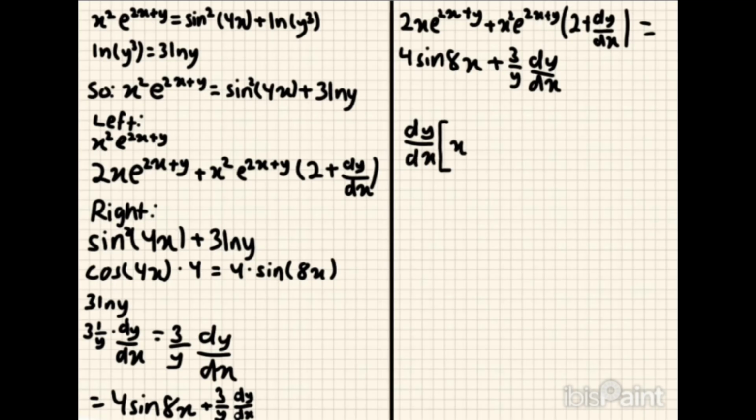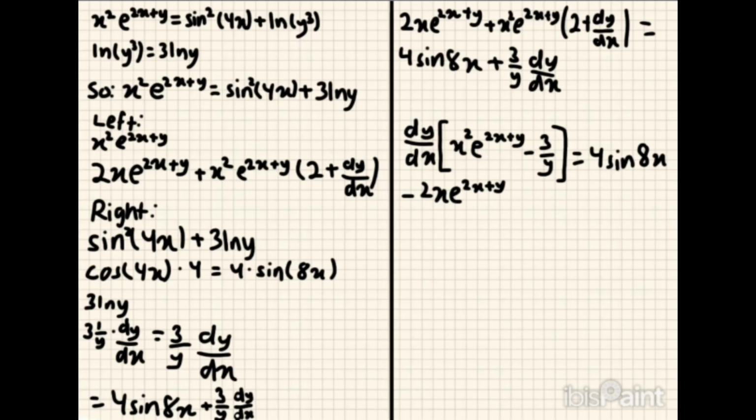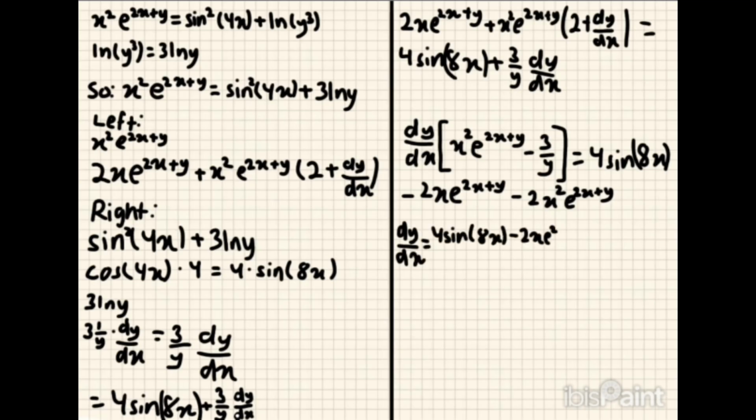After that, we move the dy dx to the left side. Now we solve it, and we can also factor the negative 2 exponent 2x plus y.